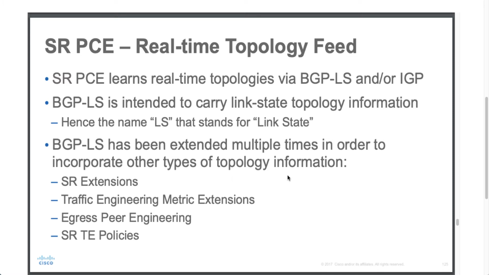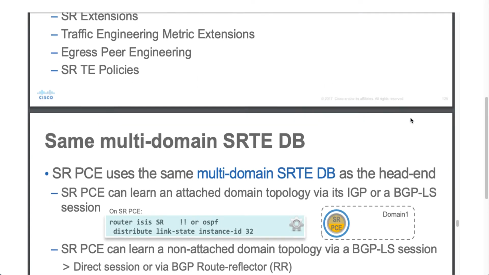From BGP we saw there was a variation, MP-BGP, and then we have BGP-LS. It can carry more topological information for you, like SR extensions, traffic engineering metrics extensions, egress peer engineering, and SRTE policy. All this information is fed to SR-PCE via either your IGP or your BGP. In the case of BGP, it is called BGP-LS, and LS stands for simply link state.